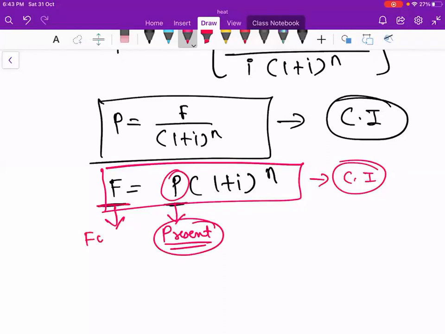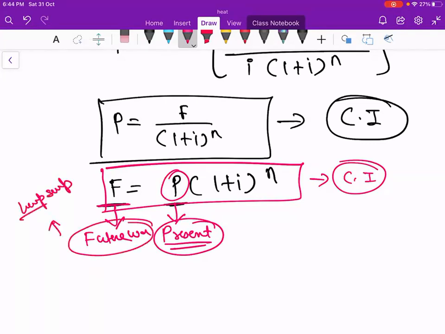This is future worth. This future worth is again a lump sum.